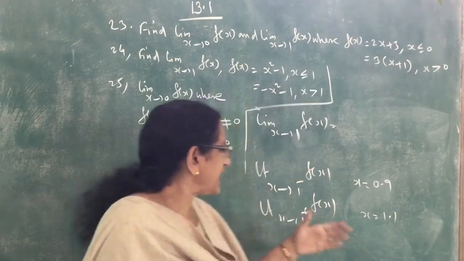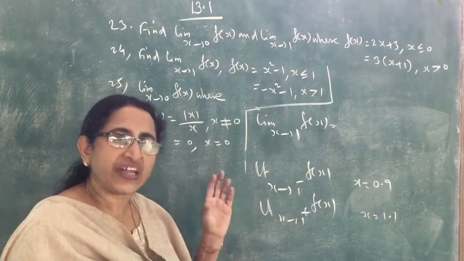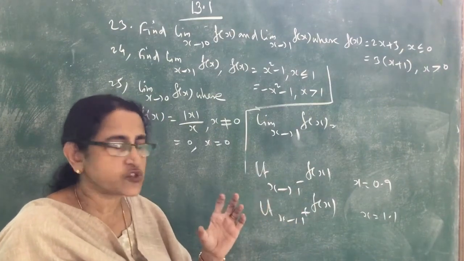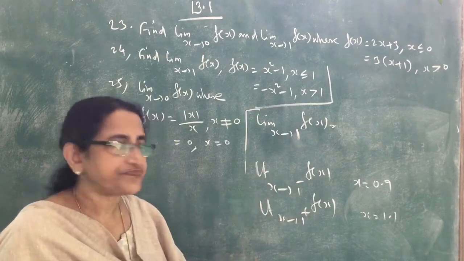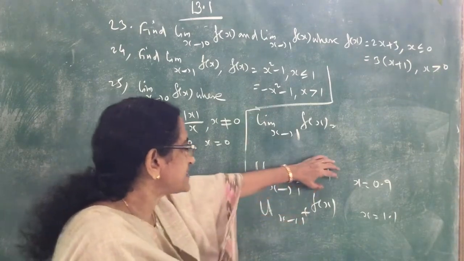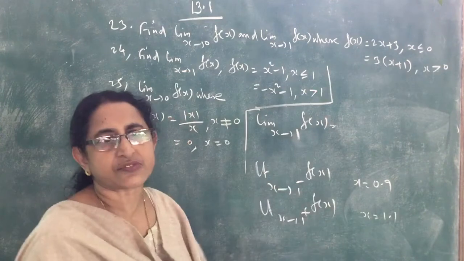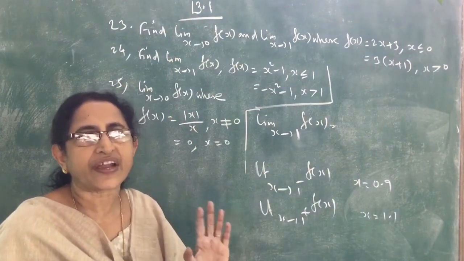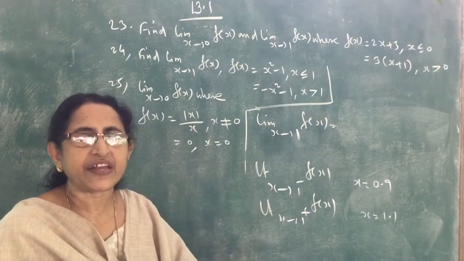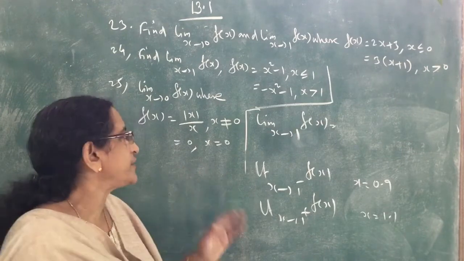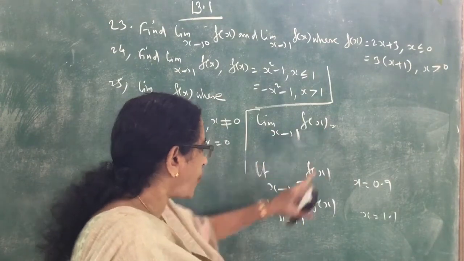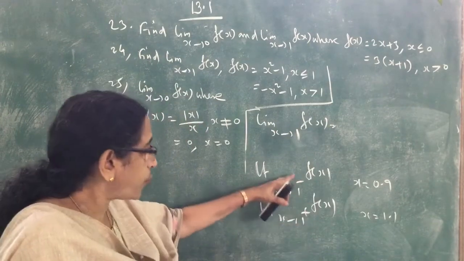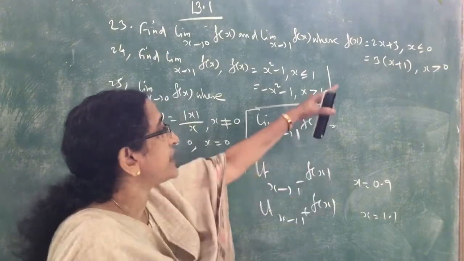So in both cases, x less than 1 and very close to 1, or x greater than 1 and very close to 1, f of x is the same, 3x plus 1. So we don't need to find the left hand limit and right hand limit. Only one direct limit we need to find, because in both cases f of x is the same, 3x plus 1.